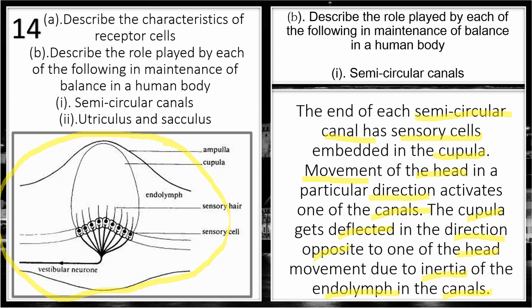So let's suppose our head is moving in that direction. If the head is moving in that direction, what is going to happen, because the whole of this area here is what we are calling the endolymph. The endolymph is a fluid in the ampulla.